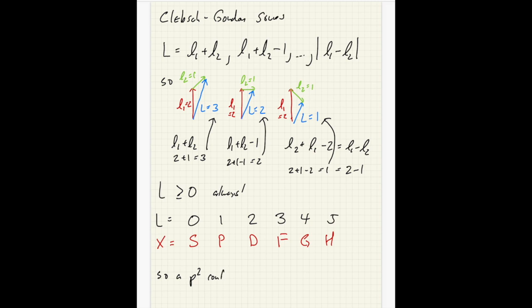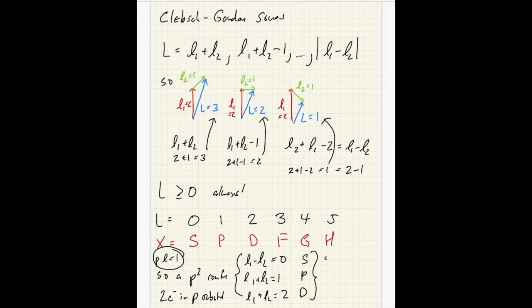So a p2 configuration can give you three possibilities, where L1 minus L2 is 0, that's S, L1 plus L2 minus 1 is 1, that's P, and L1 plus L2 is 2, that's D. Three different possibilities for the term symbol for two electrons in p orbitals, and we indicate these by these capital letters.